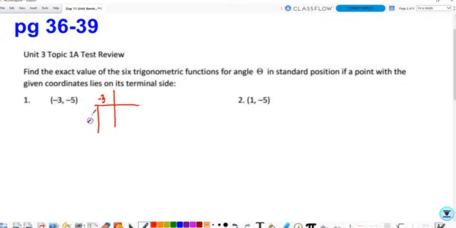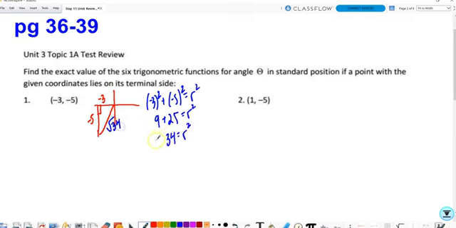-3, -5, and then I need the r value, x squared plus y squared equals r squared. So the radius is the square root of 34.